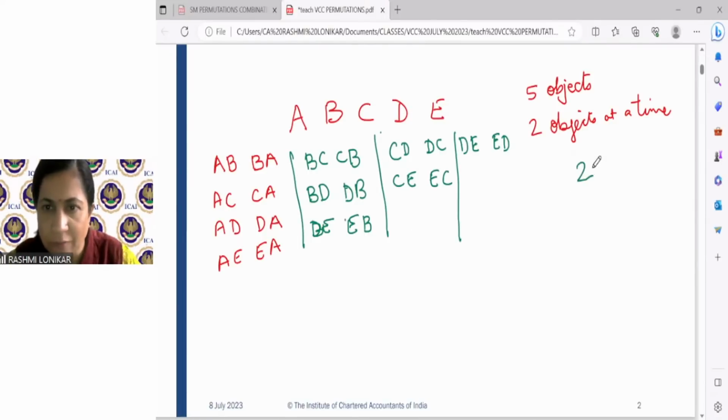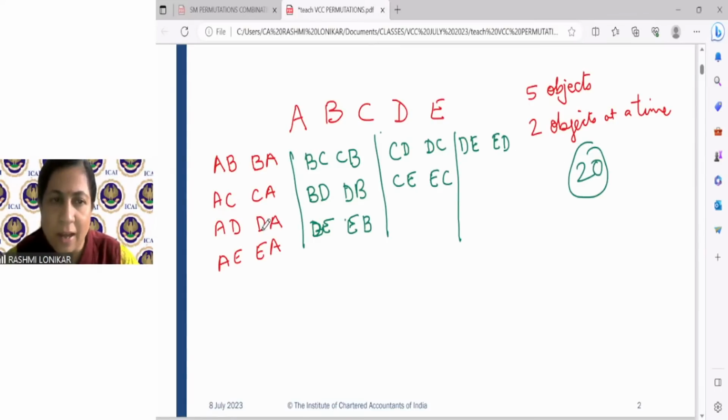So we have AB, BA, AC, CA, AD, DA, AE, EA. Then BC, CB, BD, DB, BE, EB, CD, DC, and CE, EC, and DE, ED. So we have these 20.